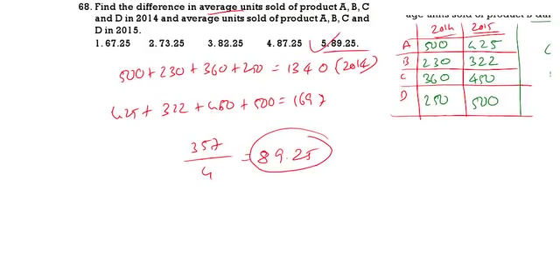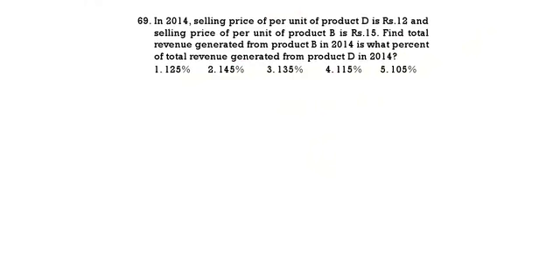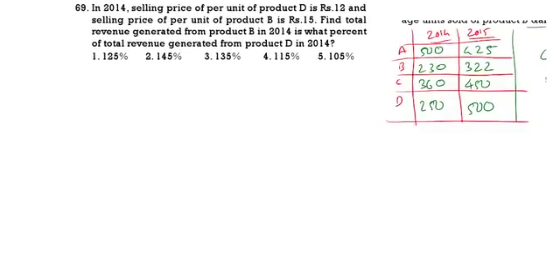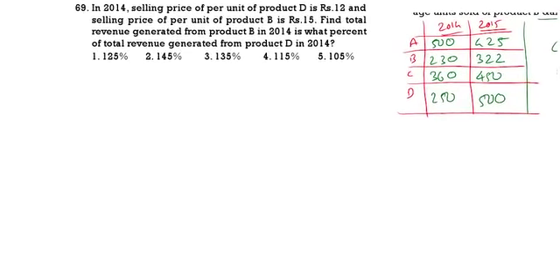See the next question. In 2014, the selling price of D is 12 and the selling price of B is 15. Find the revenue of B in 14 is what percent of the revenue of D in 2014?